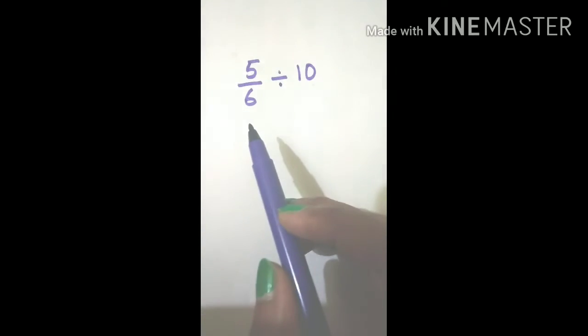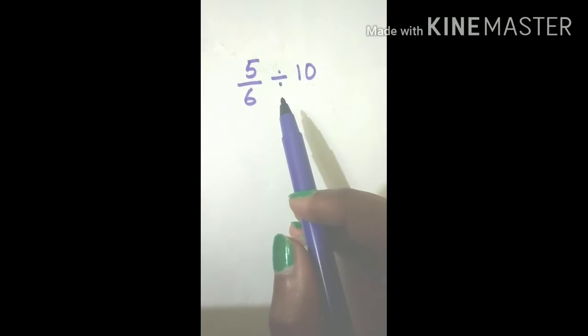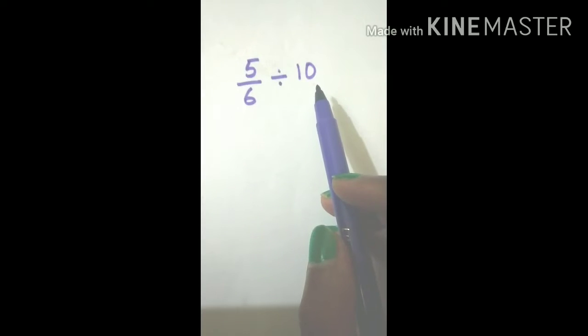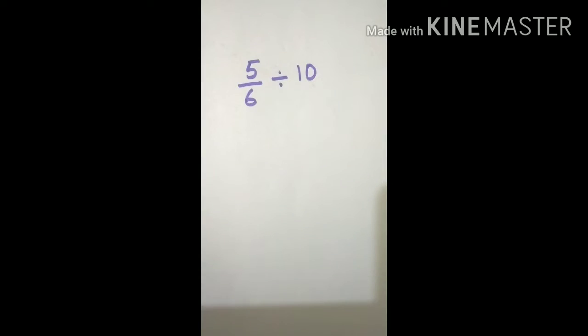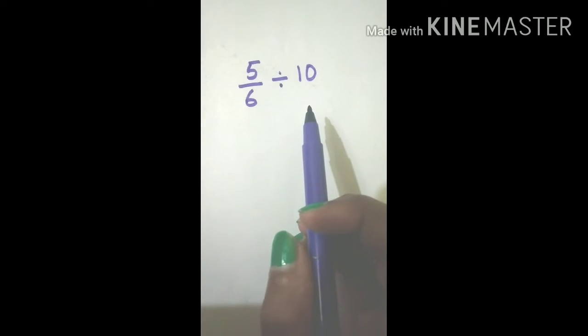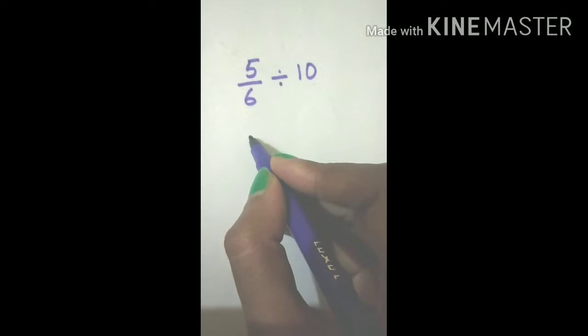Now look at this question. Even in this question, we are going to divide a fraction with a whole number. So in order to divide the fraction with the whole number, we will change this divide into multiply.